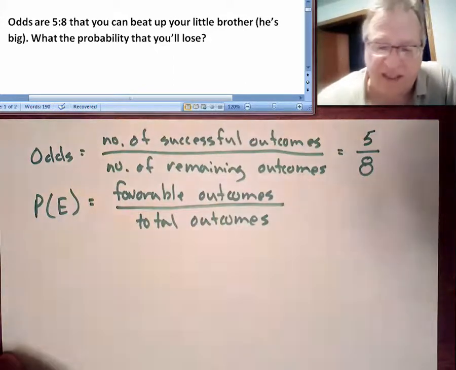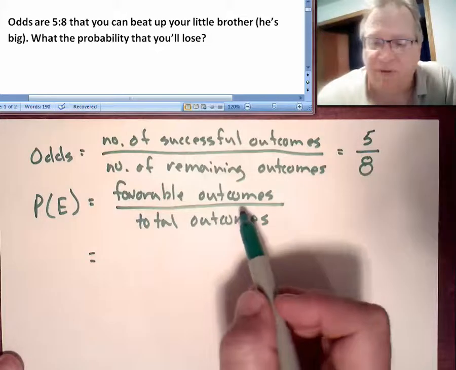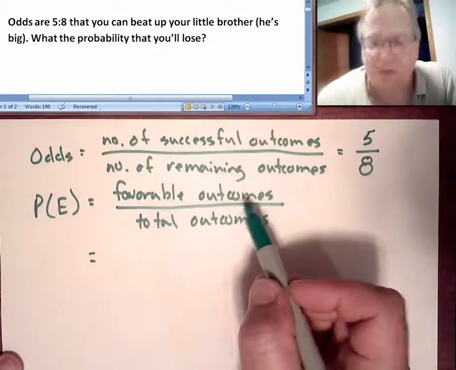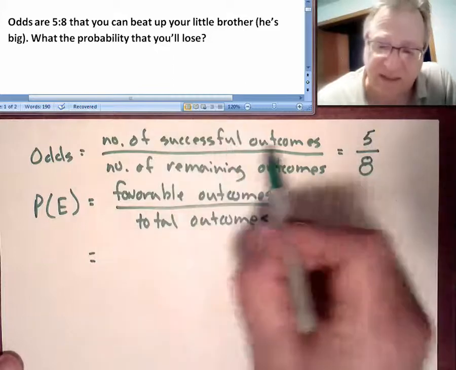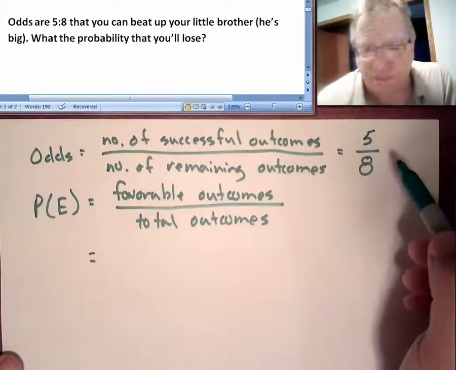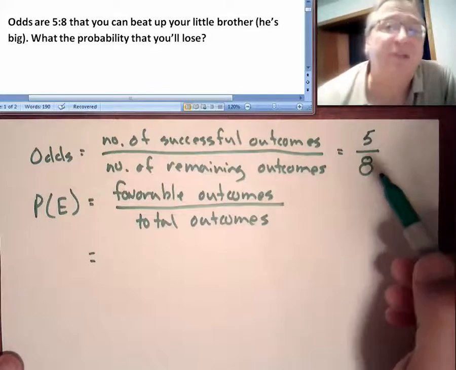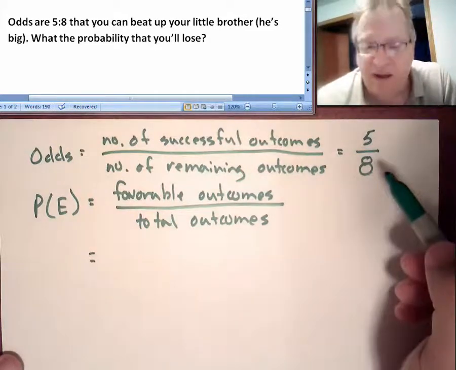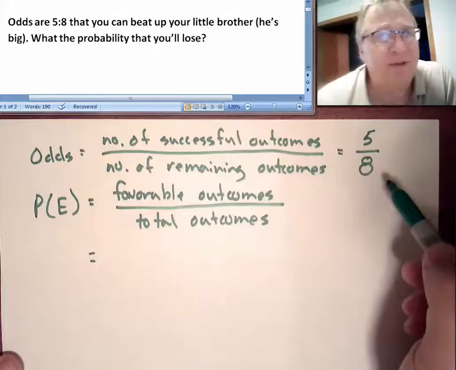So if we were to calculate probability in this problem, what are the number of favorable outcomes? Well, we first might jump up there and say it's 5 because that's successful outcomes. But that's not the case in this problem. Why? It's because we were asked, what is the probability that you will lose, not win? And of those 13 events, how many times do you lose?